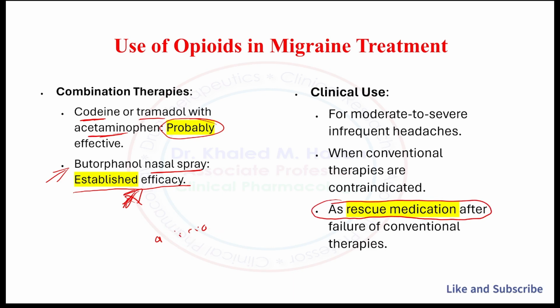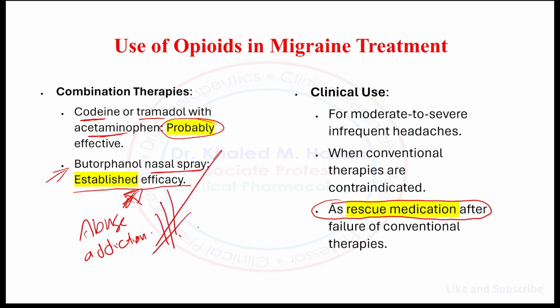Because there is a risk of abuse, addiction, and dependence, we don't prefer to use this medication in practice. So we need to go with, for example, triptans. We can try ergotamine. We can try lasmiditan.